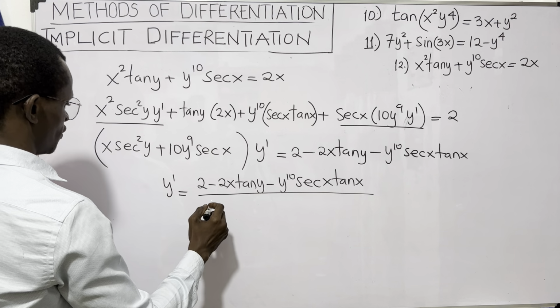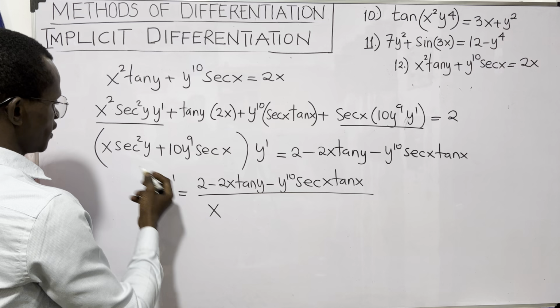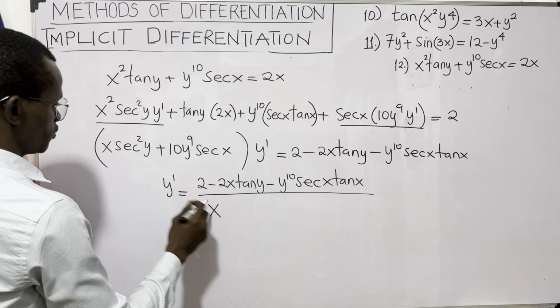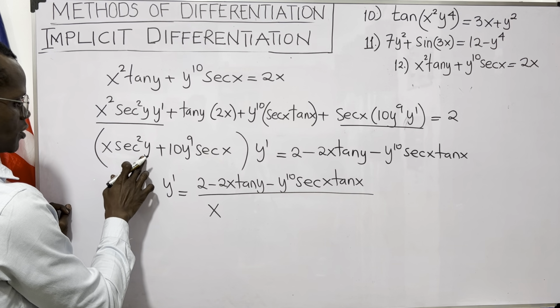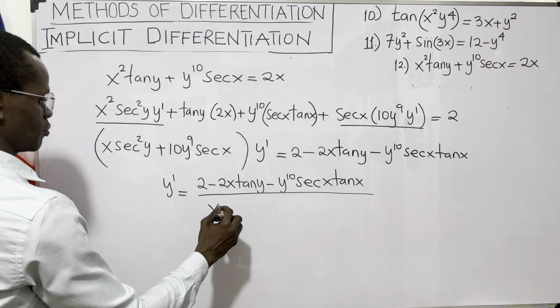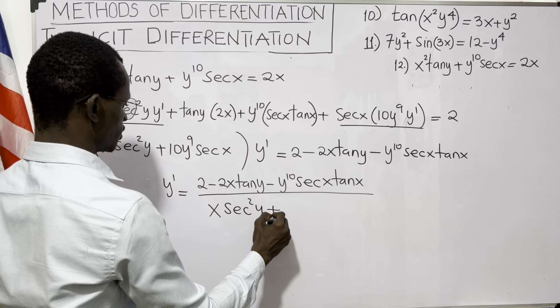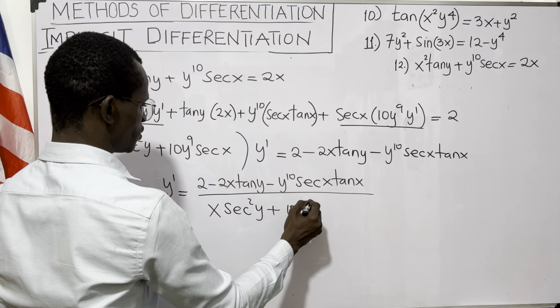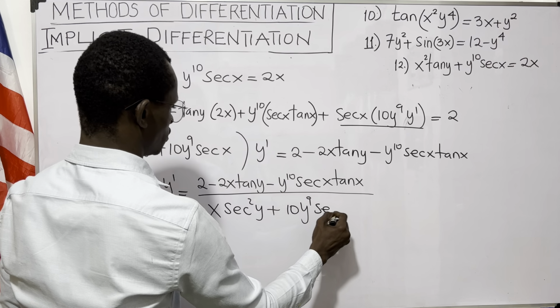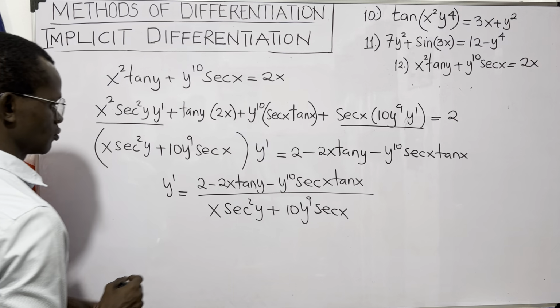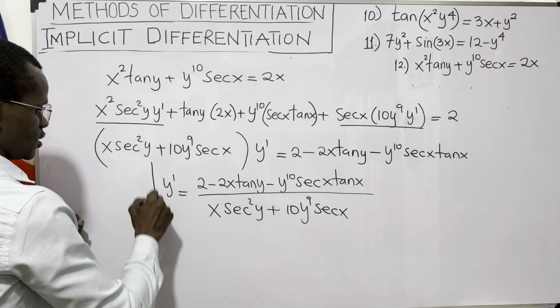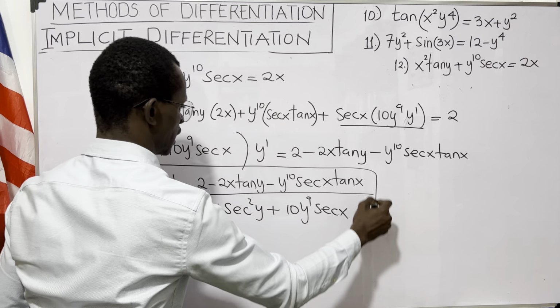So we have x. If you want to factor out secant, you cannot factor out secant, in fact, because you have secant of y and secant of x. So it's x secant square y plus 10y to the 9th power secant of x. So this is actually our final answer.